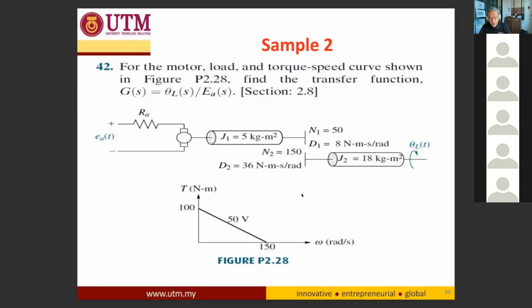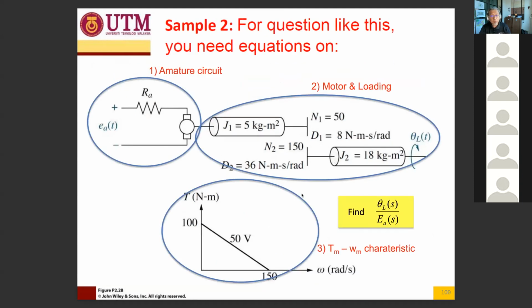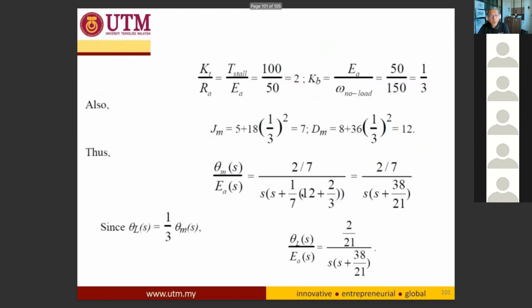Just as usual, you split into armature circuit, motor and load, and find theta L over EA. Previously same like just now. So you just insert the values, and then you get the transfer function. Okay.